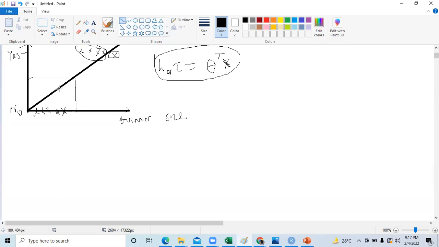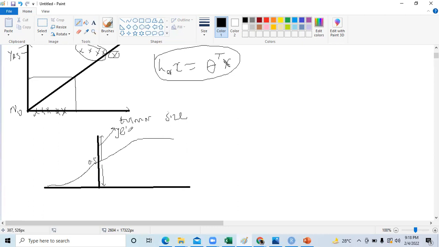Something like this, where this is 0.5. So any prediction that falls in this plane gives us a yes output or a malignant output.